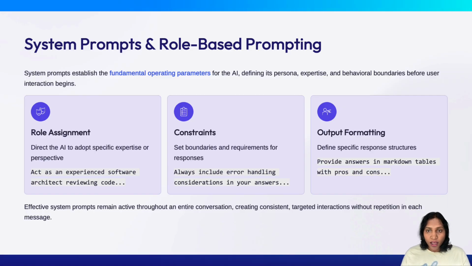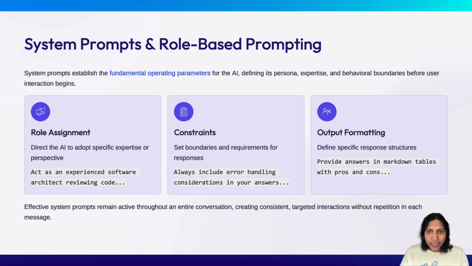Role assignments allow you to direct the AI to adopt specific expertise or perspective, like acting as an experienced software architect or a software developer or a content creator or brand owner or a product owner. It could be anything.